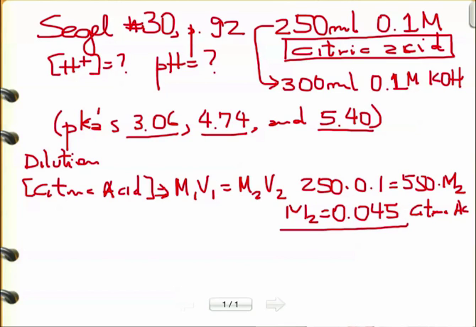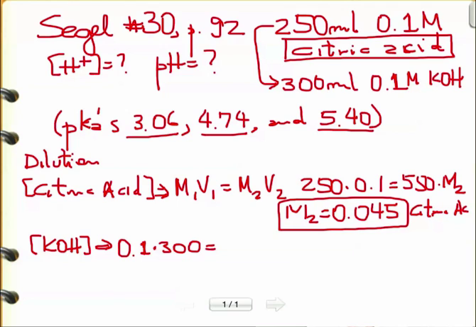Let's do the same for potassium hydroxide: 0.1 times 300 equals the final molarity times the final volume, 550 milliliters, and the molarity for potassium hydroxide is going to be 0.054.